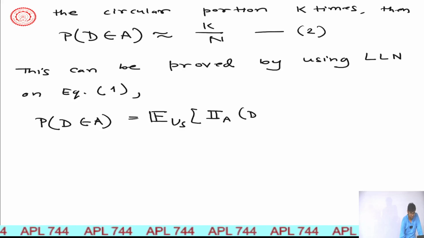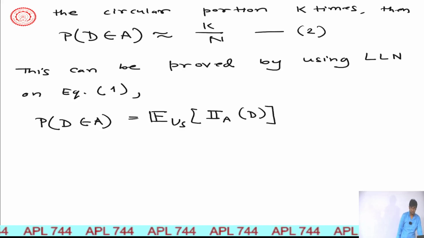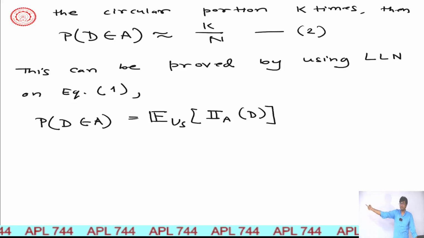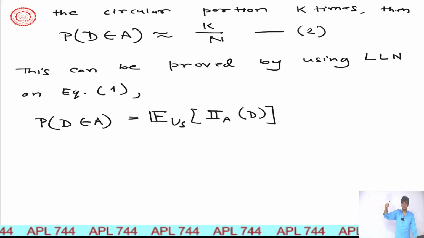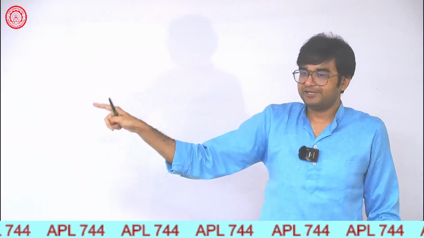Now if I write this expectation using the law of large numbers, how will it look? It is 1 by n, summation i equal to 1 to n, of the indicator function evaluated at different throws of the dart, d_i, where the different throws are coming from the uniform distribution.